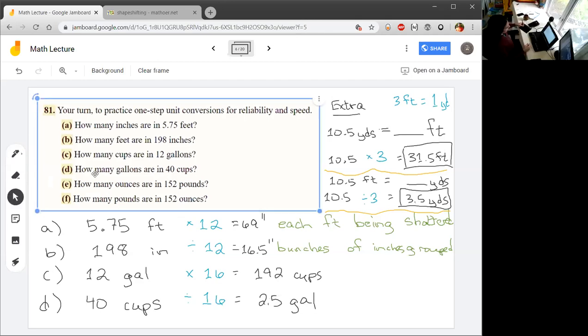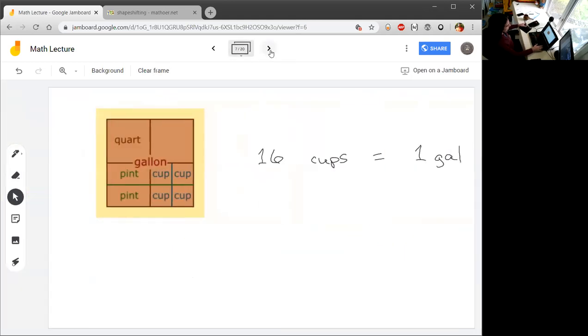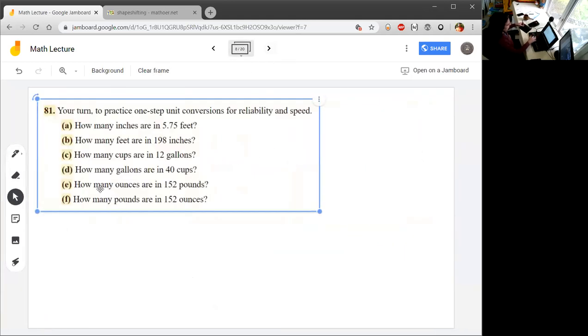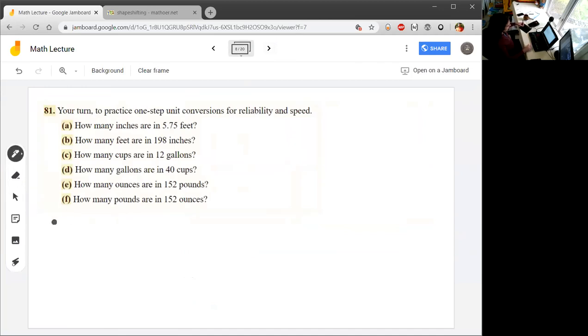Okay, we're almost done. So we have 152 ounces and, oops, no, that one's pounds.